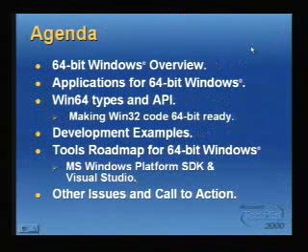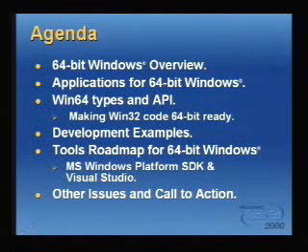So what we're going to go through today in this session is first an overview of 64-bit Windows. What is 64-bit Windows and what distinguishes it from Windows 2000, 32-bit Pentium, etc. After that, I'll spend a few slides discussing what sorts of applications are the right stuff for 64-bit Windows and how those applications can take advantage and be better on 64-bit Windows and on Itanium.